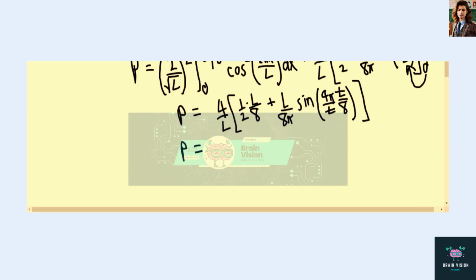So now we have 4 over L times 1/2 times L over 8, which gives us 1/16 as our first term here, plus we have L over 8 pi times 4 over L, and that gives us 1 over 2 pi because the L's cancel, and we have sine of pi over 2, but that's 1.